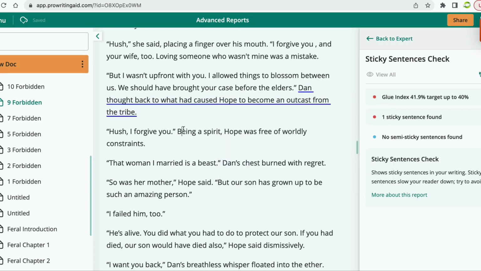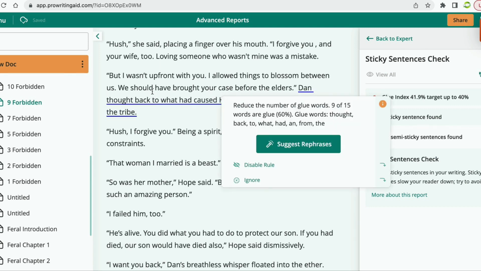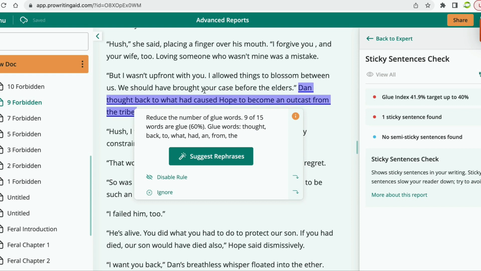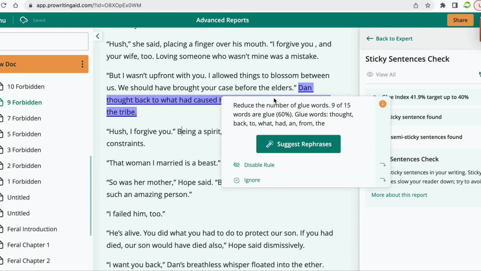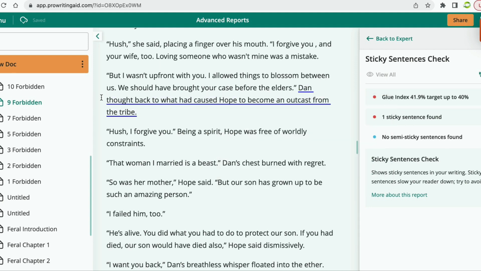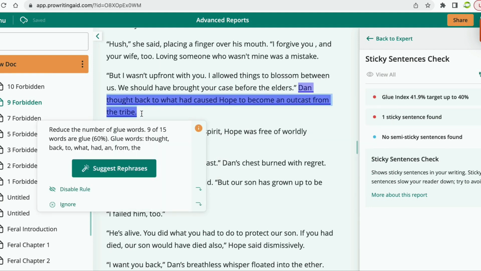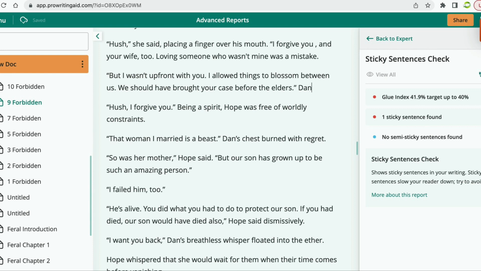So, "Dan thought back to what caused Hope to become an outcast from the tribe." Actually, by putting it this way, "we should have brought your case before the elders," I don't really need to say this because I think that would be enough for the reader. We also gotta remember, you don't want to treat the reader like they don't have any kind of sense.